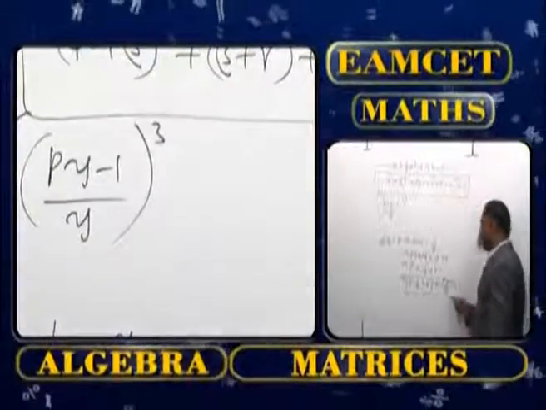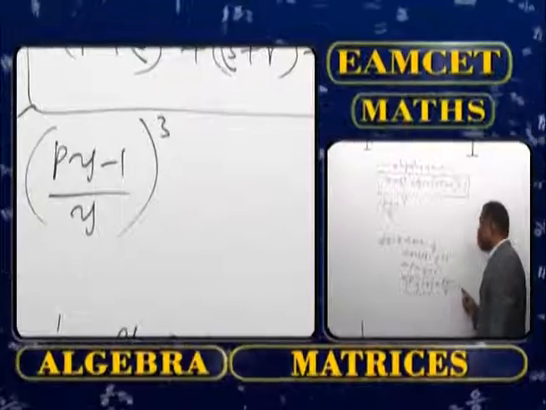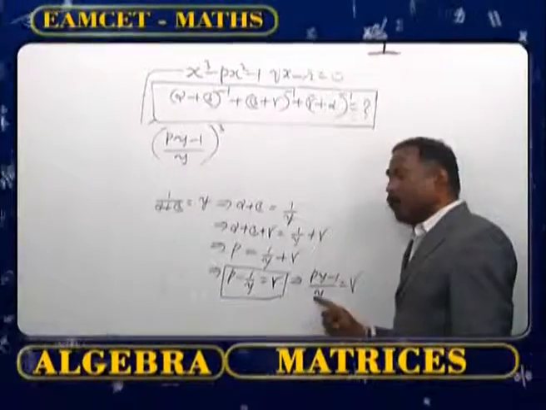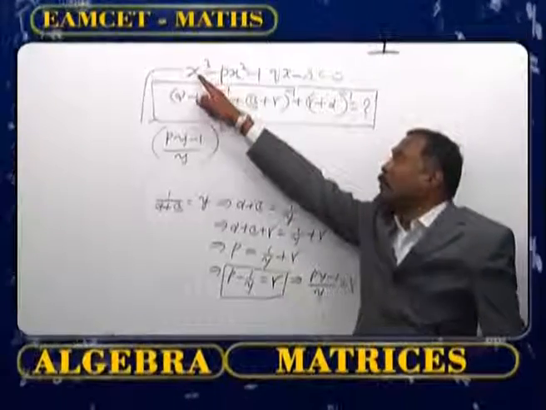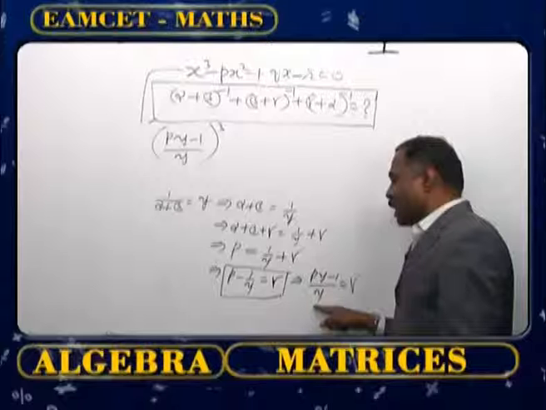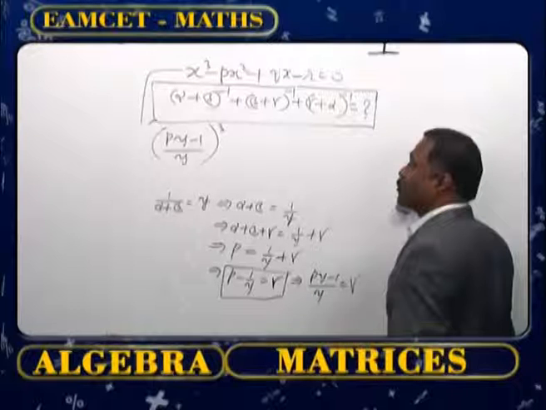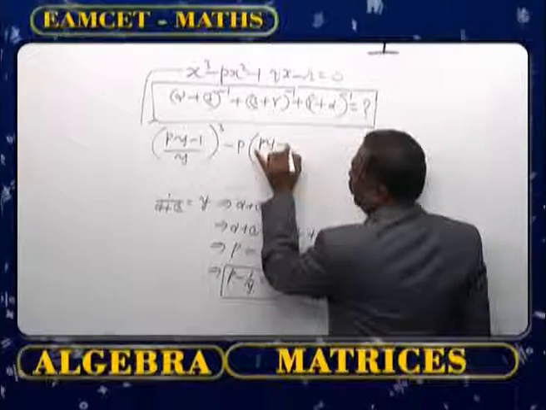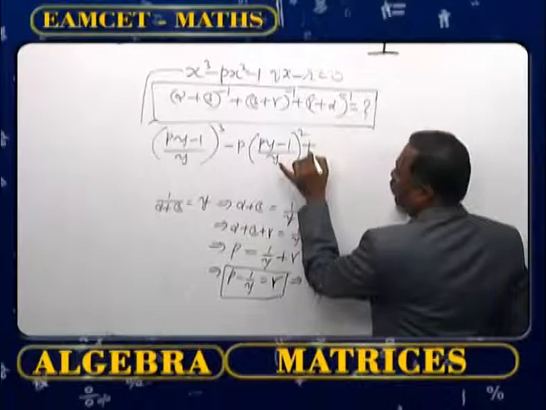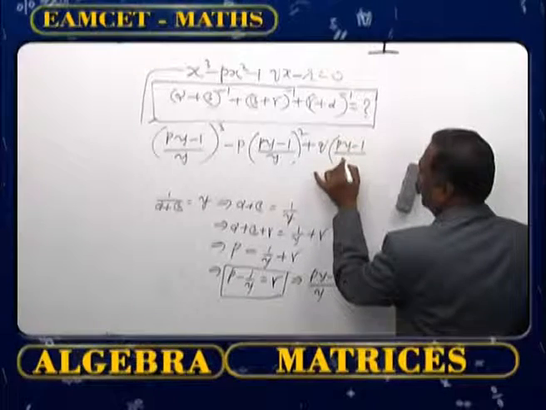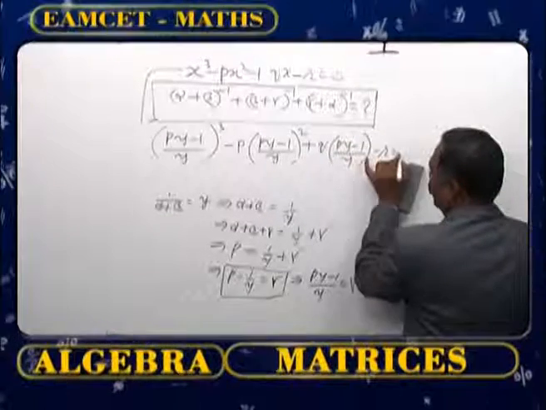How do you write that? Because gamma is a root of this equation. I've got gamma in these terms. Instead of gamma, if gamma is replaced here, instead of x you will get gamma, but I am replacing gamma with this one. (Py minus 1 upon y) whole cube minus p into (py minus 1 upon y) whole square plus q into (py minus 1 upon y) minus r is equal to 0.